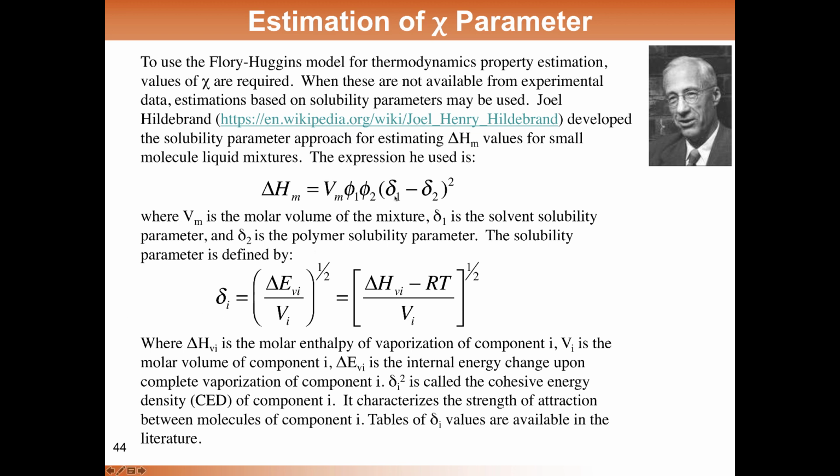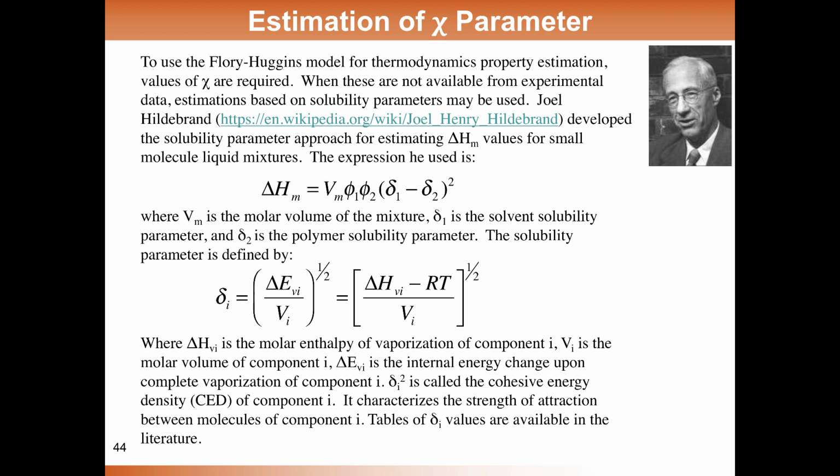But the square of these solubility parameters is often called the cohesive energy density of a component, and it characterizes the strength of attraction between molecules of a certain type. If you imagine, for example, that a given substance has a very high delta H of vaporization, which would correspond to a high value of solubility parameter, what that would be saying is that the molecules of type I really stick to one another and don't want to vaporize.